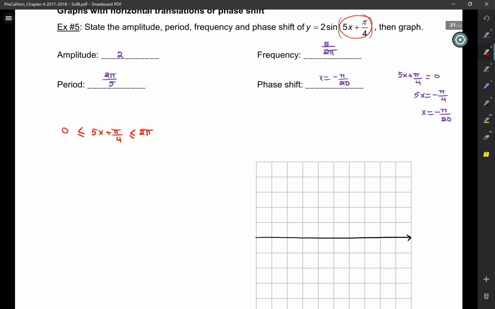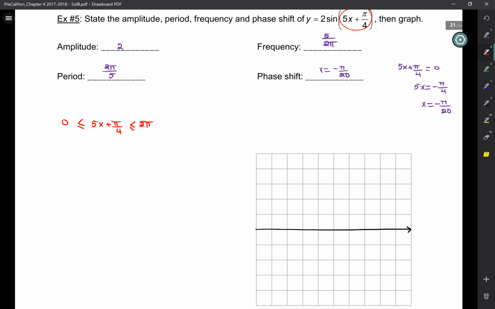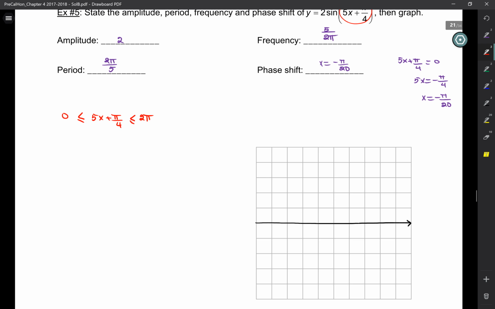Yes. And I'll show you where the two are going to correlate now. Okay, so we're going to subtract 5 pi over 4. So we're going to get negative pi over 4 for 5x, and then 2 pi minus 5 pi over 4. That's 3/4 pi, which is 3 pi over 4. Now when we divide by 5, it's negative pi over 20 for x, and 7 pi over 20.